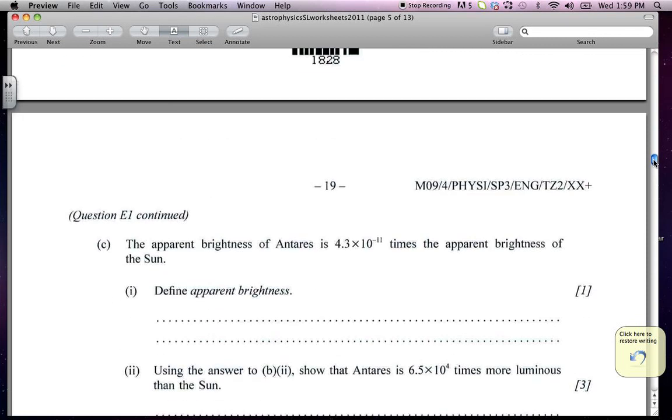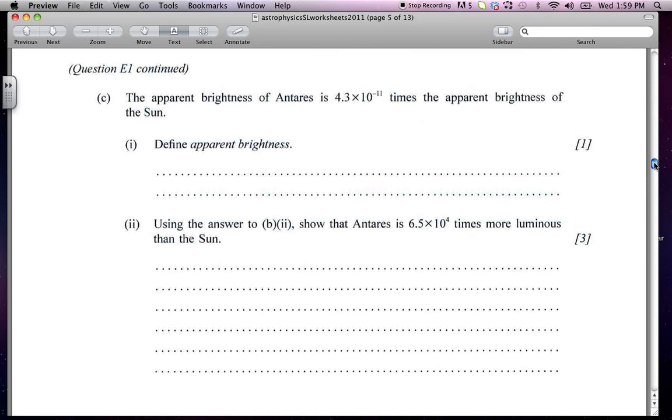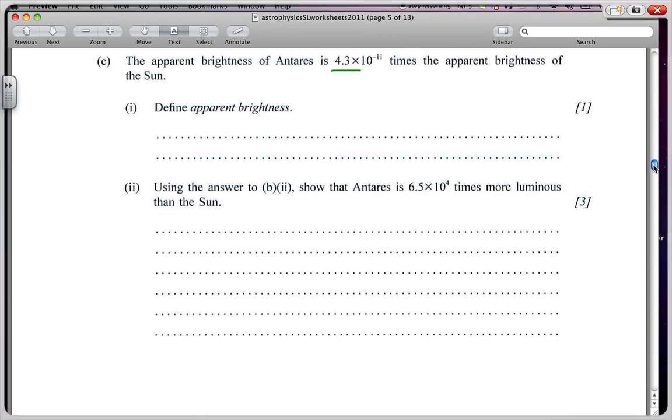Now going into this one over here, we have got the apparent brightness. We've got the apparent brightness of Antares is 4.3 times 10 to the negative 11 times the apparent brightness of the Sun. Define the apparent brightness.